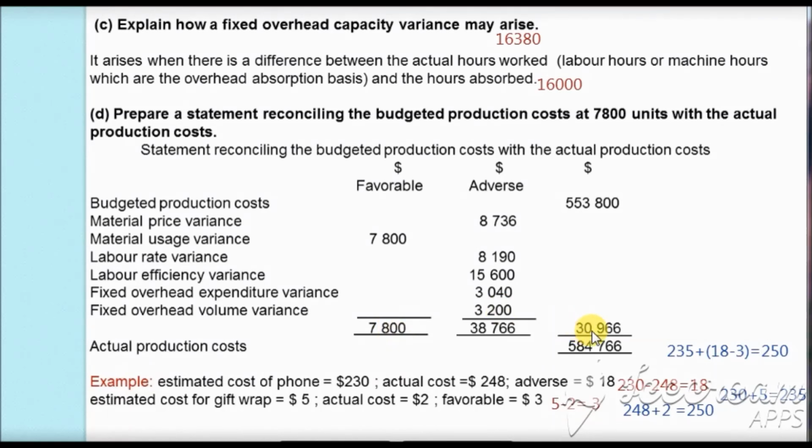We will get the value as $30,966. We add this $30,966 to $553,800. We will get the value as $584,766, which was the actual production cost. Thus, we have reconciled the budgeted cost to the actual cost.